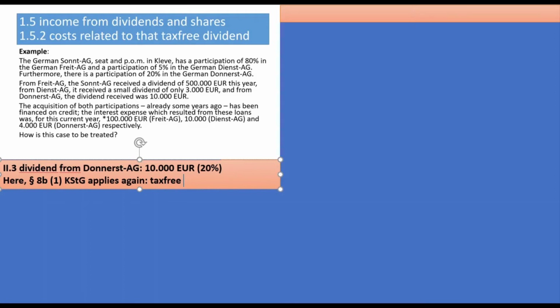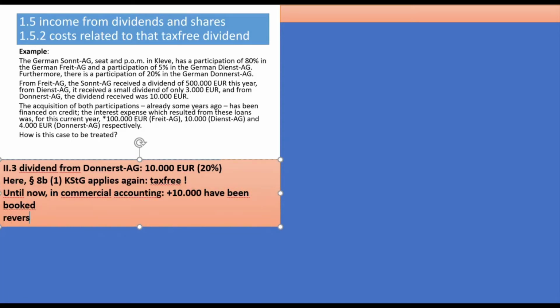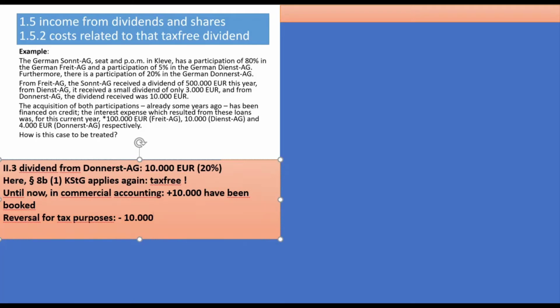Tax-free. So correct would be to bring this into account with an amount of 0. Until now, in commercial accounting, plus 10,000 have been booked. Reversal for tax purposes by deducting them again, because then you end up with the correct 0.